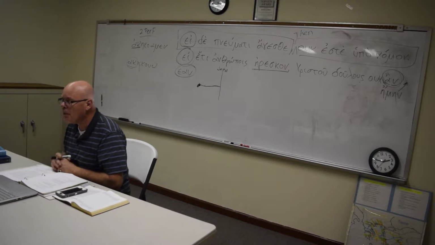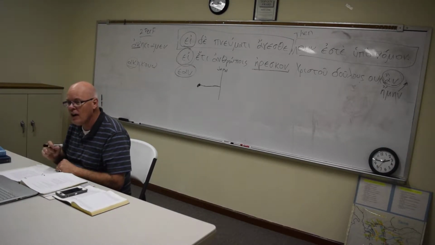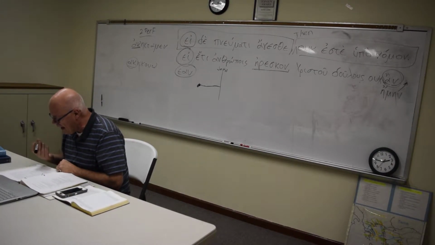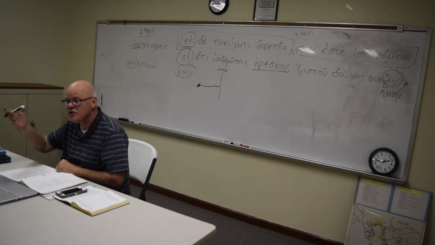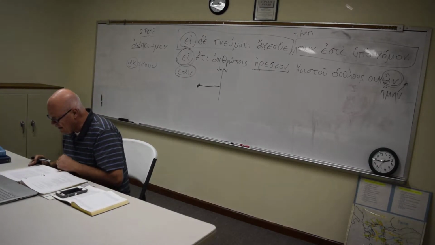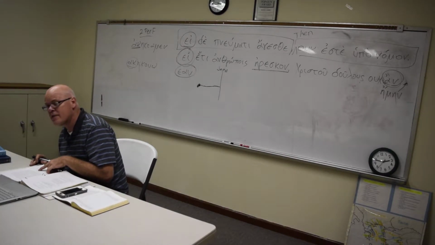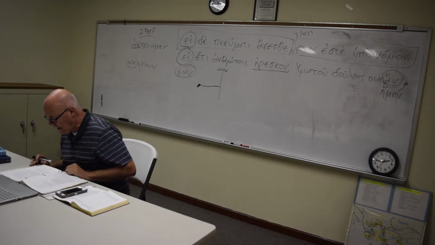So it's the exact same pronoun. One has the accent, therefore it's an interrogative. The other doesn't have the accent, therefore it's an indefinite. An indefinite pronoun is someone, something, a certain one. You can see it there in the example: if someone should sin. So that's just this tis.